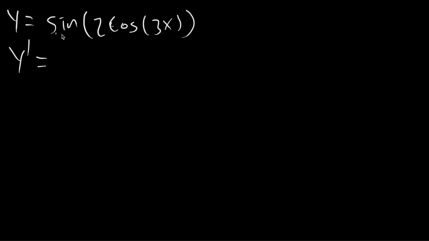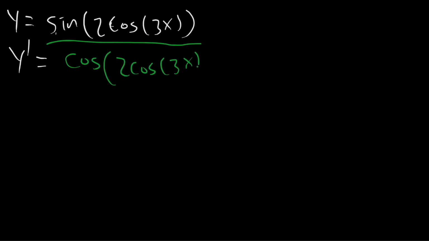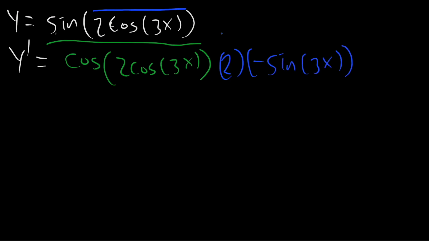So the derivative of the outer part here is going to be equal to cosine (2 cosine 3x). Okay. And the derivative of this part here, because 2 is a constant, is just going to be equal to 2, and then the derivative of cosine 3x is going to be negative sine 3x, and then the derivative of 3x is just going to be equal to 3.